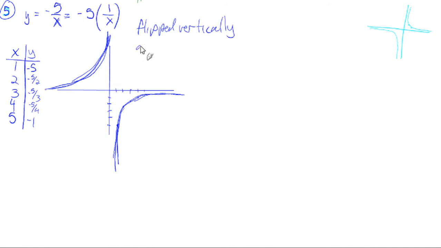And we could say it's taller, if that's a word you like, or stretched out vertically, or whatever describes the change in the look of this graph compared to 1 over x.